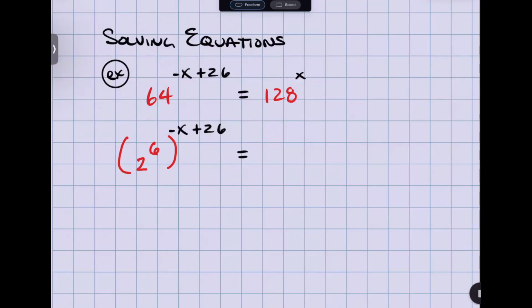And then I can write 128 as 2 to what power? What's 128? 2 to what power? To the 7th power, bless you. And then raise that to the x.